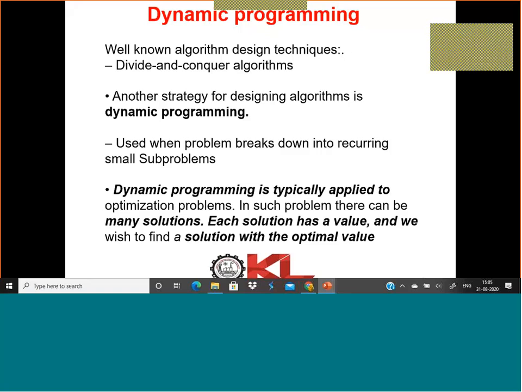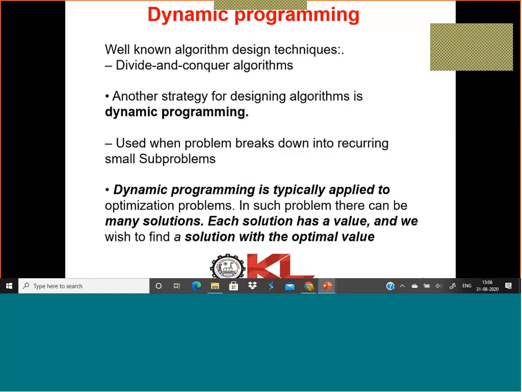This is the first point you have to remember. Dynamic programming is typically applied to optimization problems. In such problems, there can be many solutions. Each solution has a value, and we wish to find the solution with an optimal value.